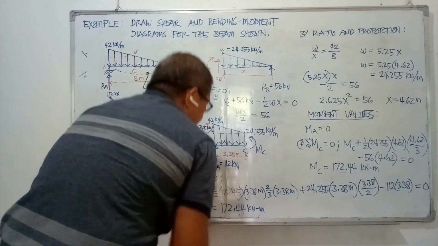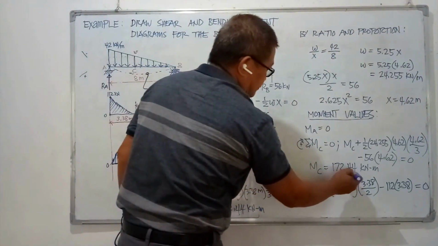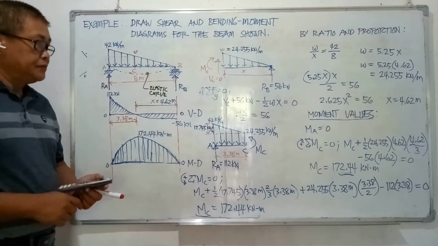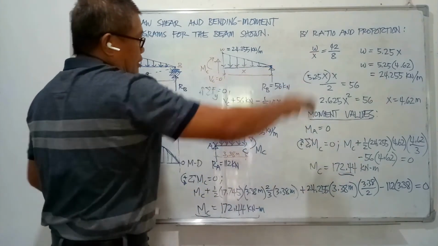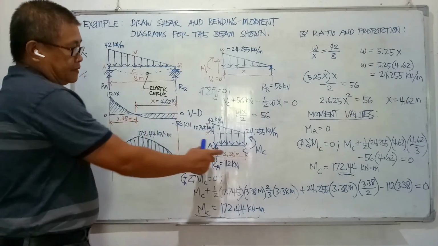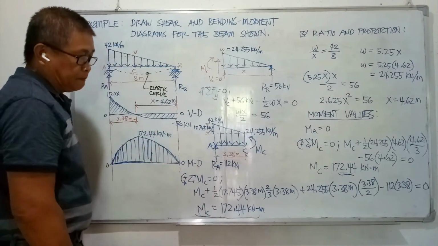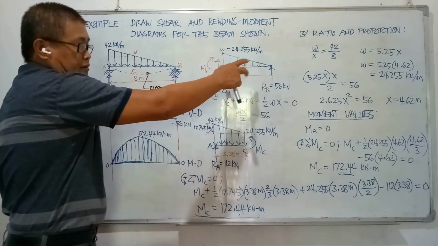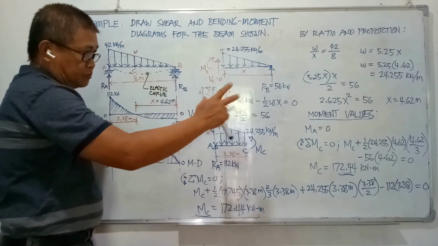Okay, this is just to check the accuracy of our computation for M sub C, comparing the right segment to that of the left segment. We used the left segment because it's easier.